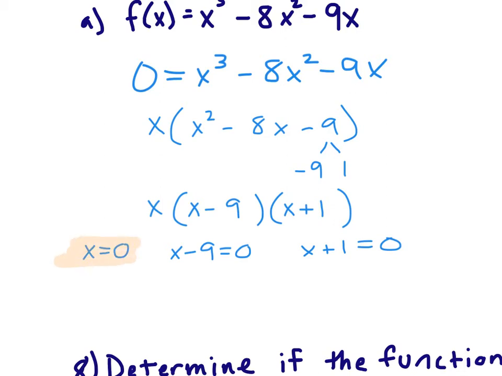X is equal to 0. That's one of our zeros. So we don't have to do anything there. For the next one, we just add 9 to both sides. So x is equal to 9 is our next zero. And then the last one, we just subtract 1 on both sides. So x is equal to negative 1 is our last zero.